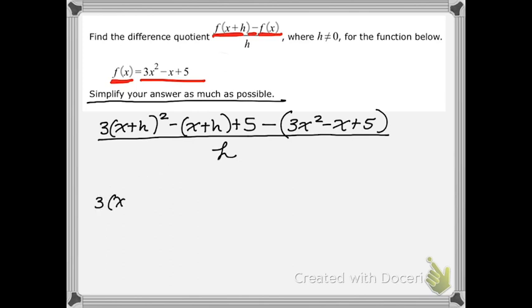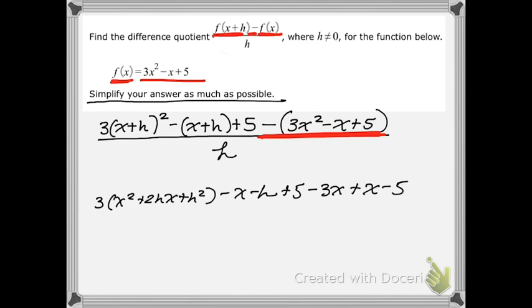So 3x squared plus 2hx plus h squared, and then I've got minus x minus h, plus 5. Then I'm going to make sure that I subtract by distributing the negative to every term in that expression. So that's minus 3x squared plus x minus h. See, I distributed the minus: minus a negative is plus, and minus 5.